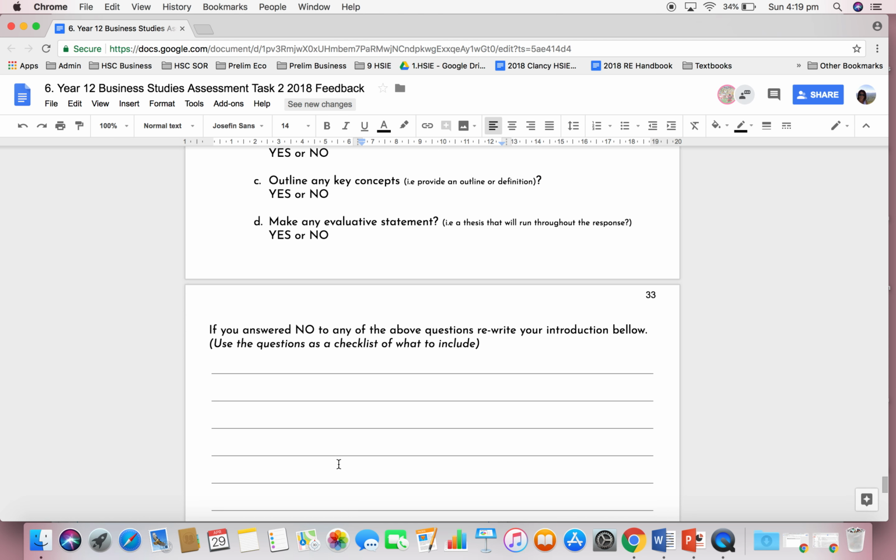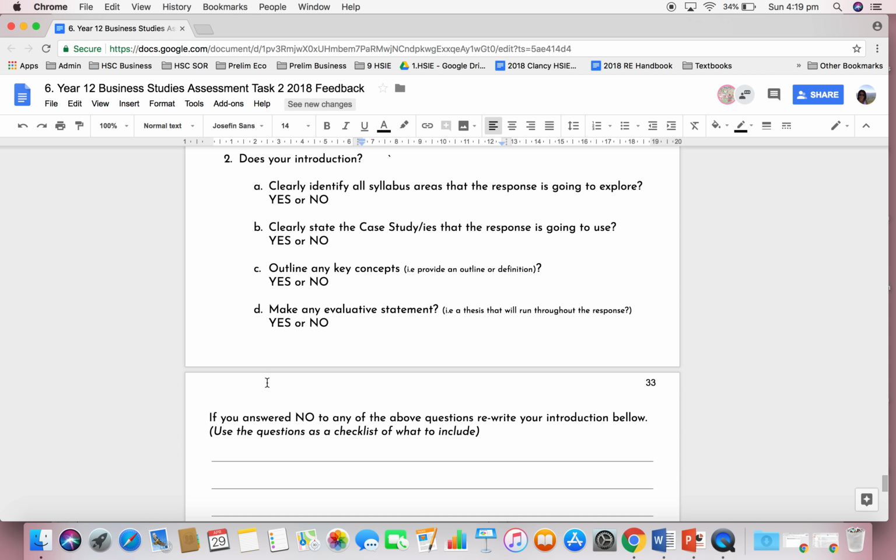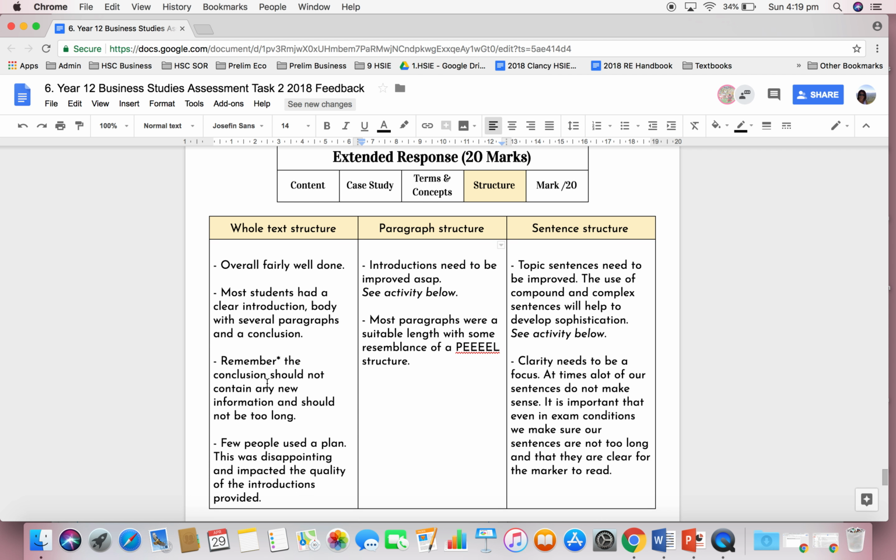Okay, so hopefully you've now got a well-written introduction that addresses these 4 areas that I've identified for you. The other paragraph feedback I would give you is that most of you have this PEEL structure well done.